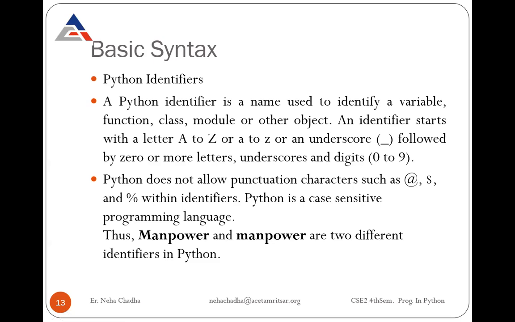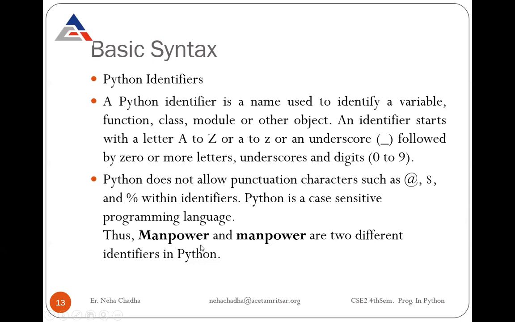Okay, this is all the same basics that is similar to your object-oriented languages. Python does not allow punctuation characters such as at the rate, dollar, or other characters with identifiers. Python is a case sensitive programming language. Remember one thing, when you are talking about any object oriented language, that is always a case sensitive language.